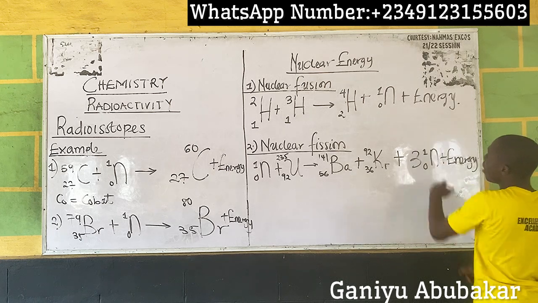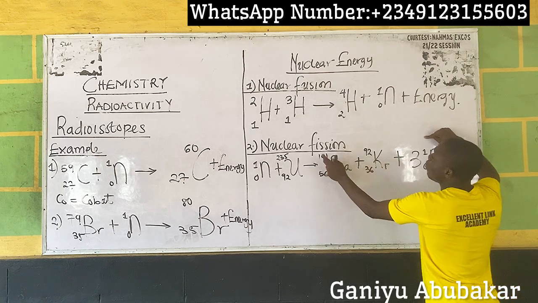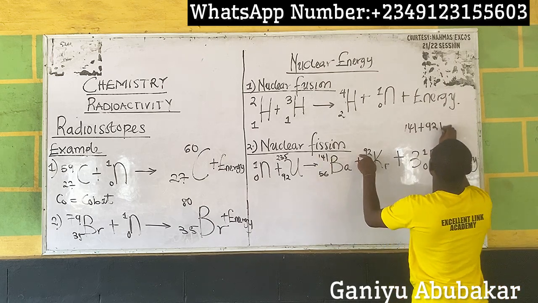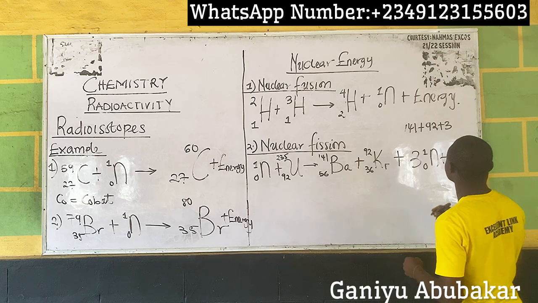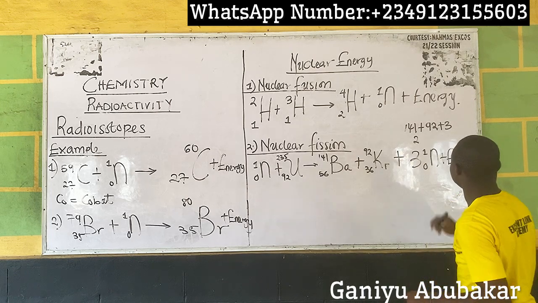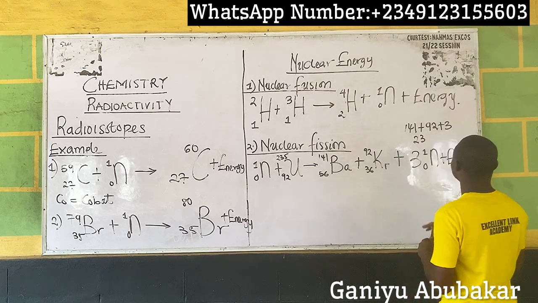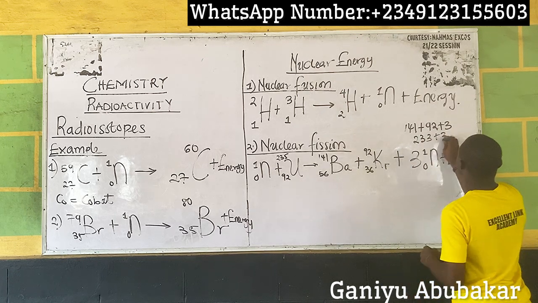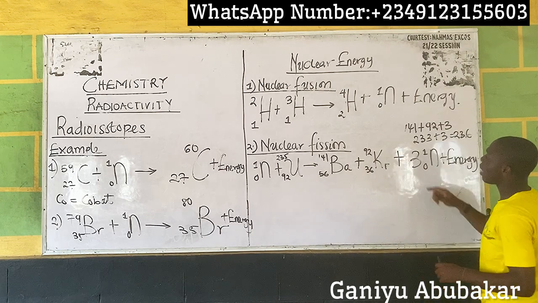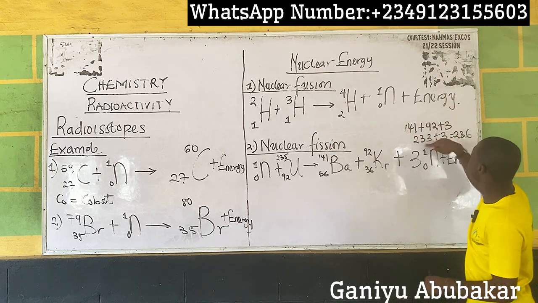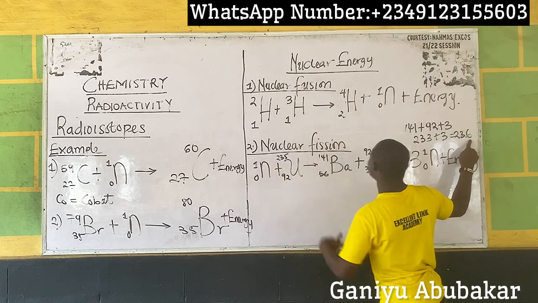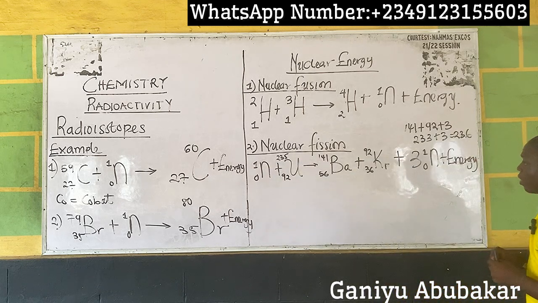Similarly, 3 times 1 is 3, so I have 141 plus 92 plus 3, which gives 236. Now observe that when I added this with this, it gives me 236. What I have here is 235 plus 1 gives you 236. So this is balanced also.